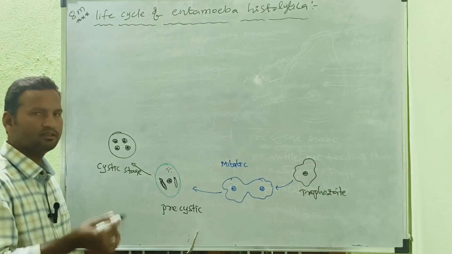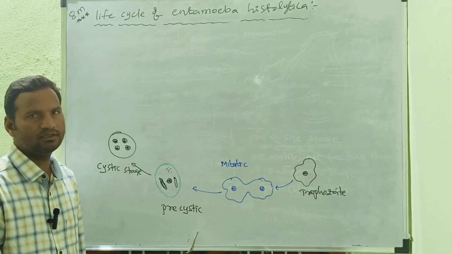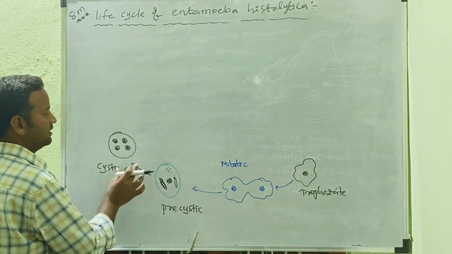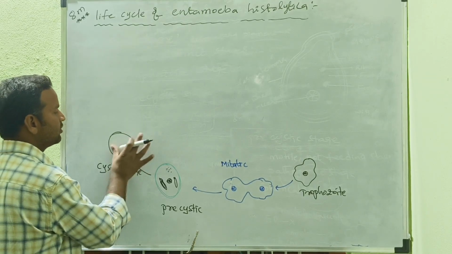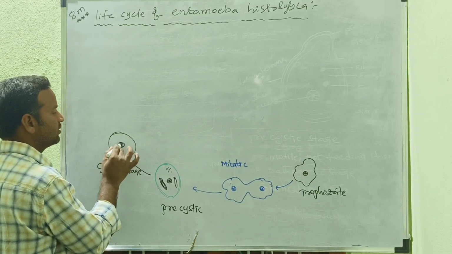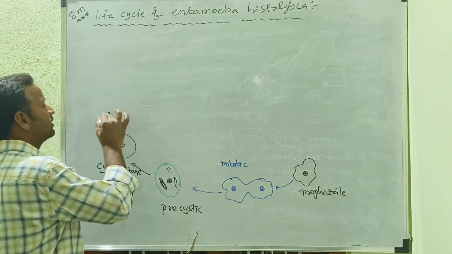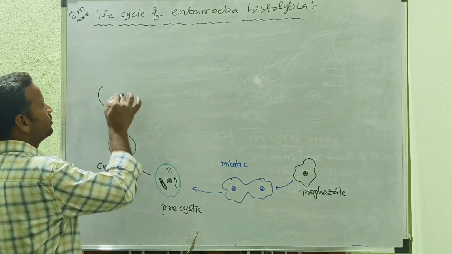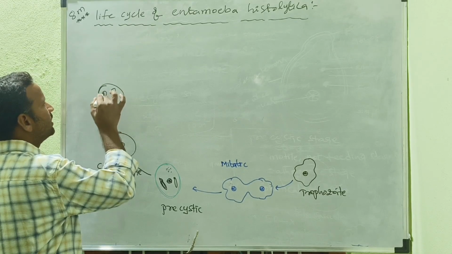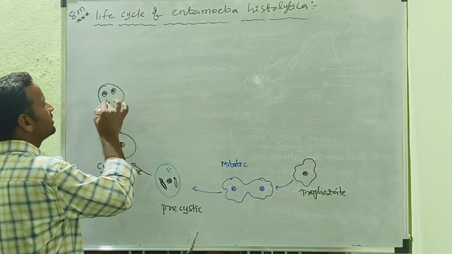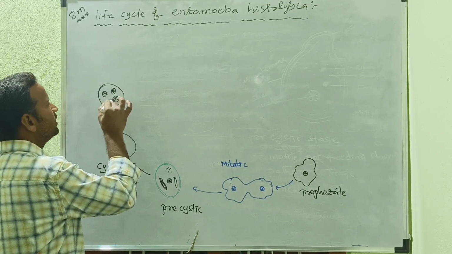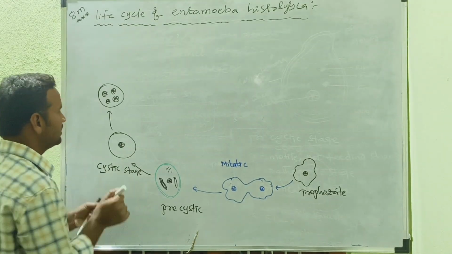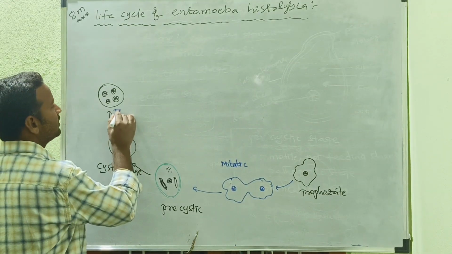That's why this is also called the tetranucleate stage. In the precystic stage, only one nucleus is present. Further, the nucleus undergoes two successive series of mitotic division, producing four daughter nuclei. That's why in this stage, this is called what?